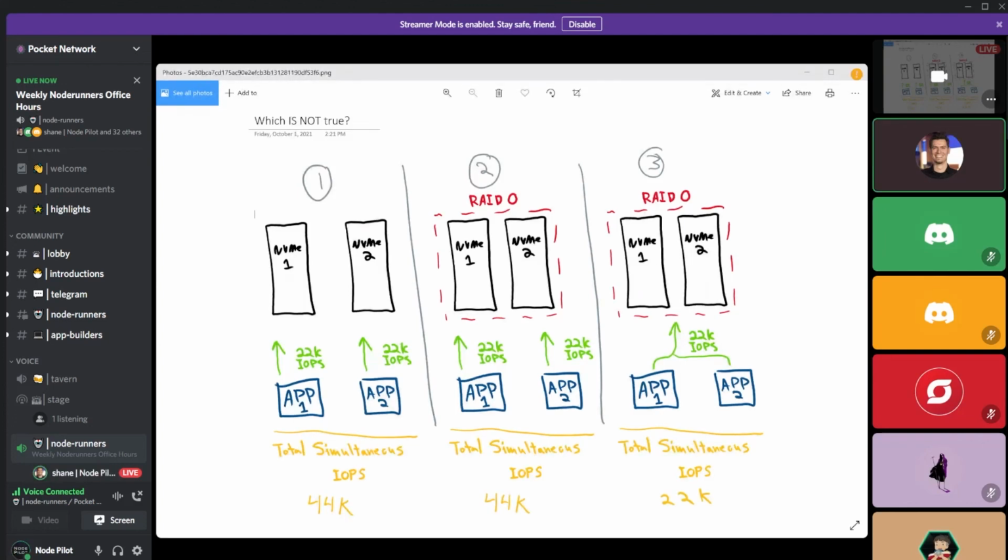Basically, I'm probably going to end up doing some 1 and some 2, where I have Pocket nodes on 1 because they have their usage spikes, but then have certain chains that don't have really heavy read and write requirements, potentially putting them on a RAID 0 or something like that. So ultimately, I don't think it has to be one or the other. You can mix and match to what meets your needs in terms of convenience, but also speed and capability.